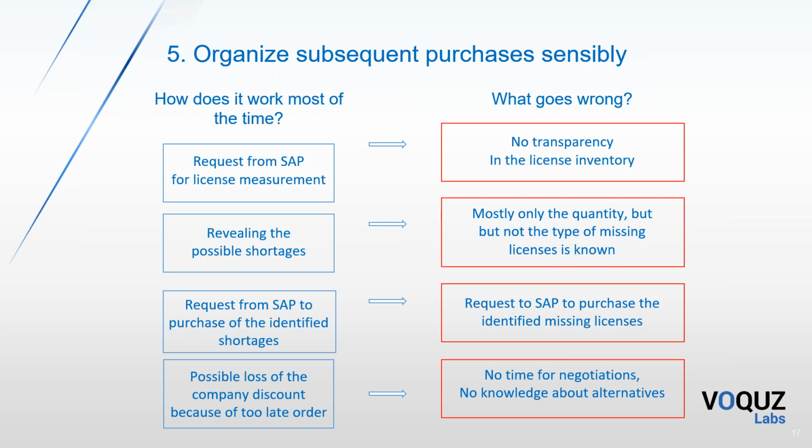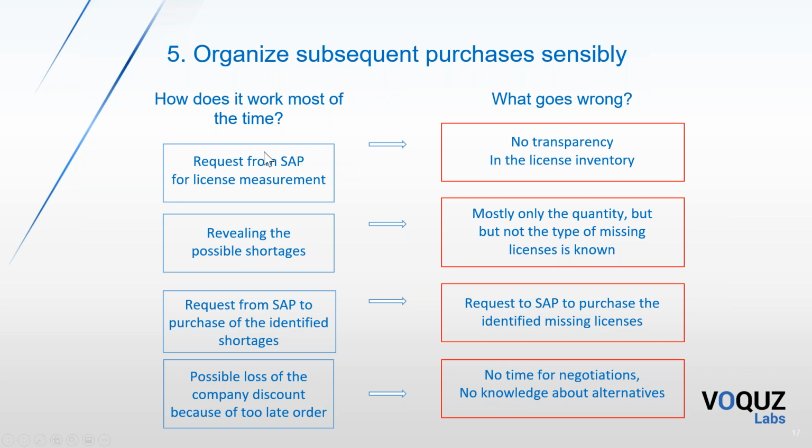Our advice here is do this proactively. Measure your license situation, execute SLO from the beginning, before SAP comes into the house. Before SAP asks you to do a system measurement, understand where you are.